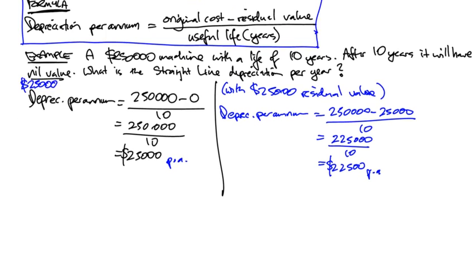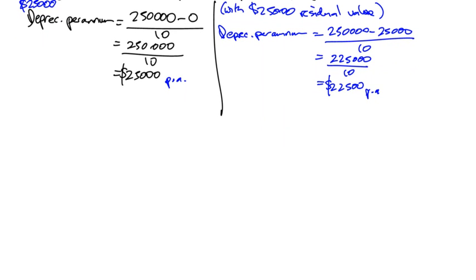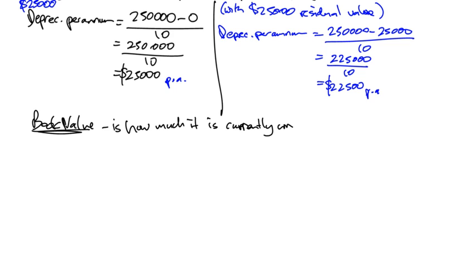The book value of something is how much it is currently worth, considering the total cumulative, so the built up, depreciation.